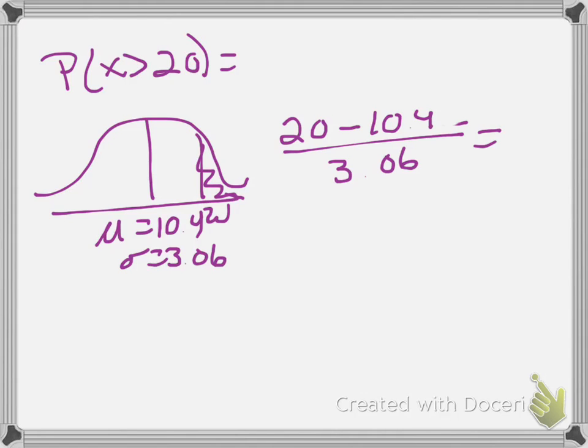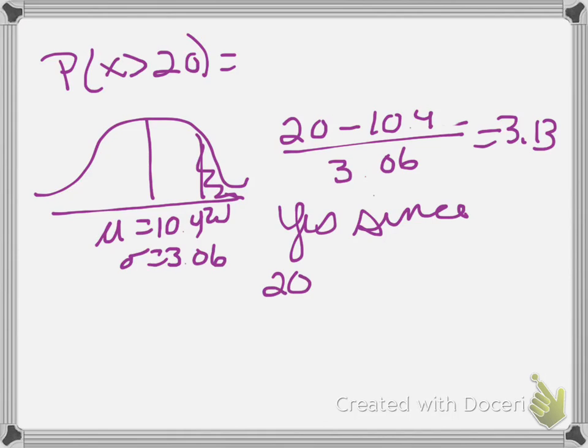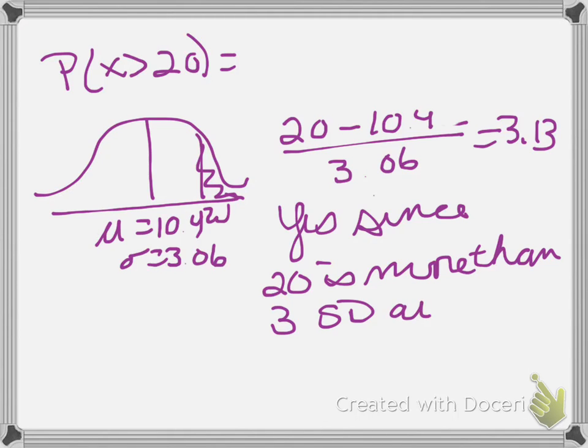Divided by 3, and I get 3.33. And I would say yes, since 20 is more than 3 standard deviations away from the mean.